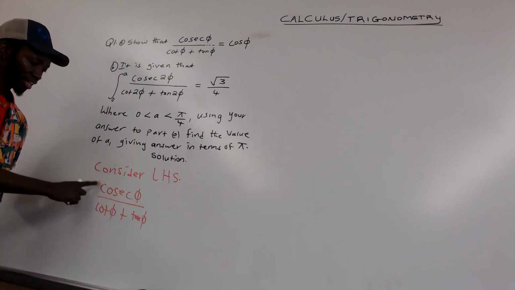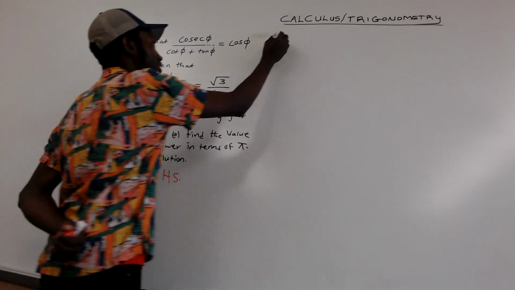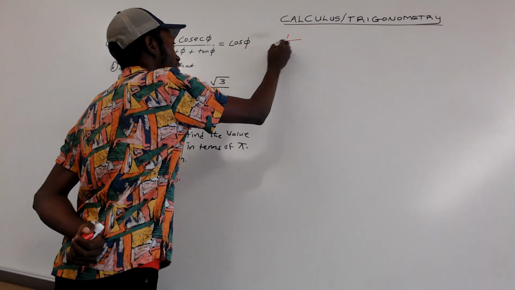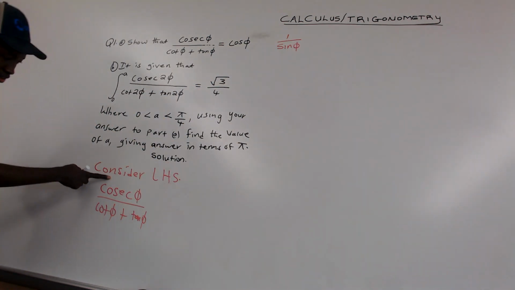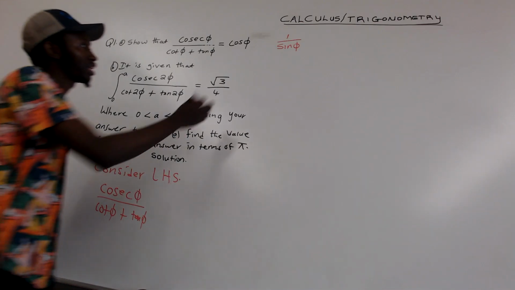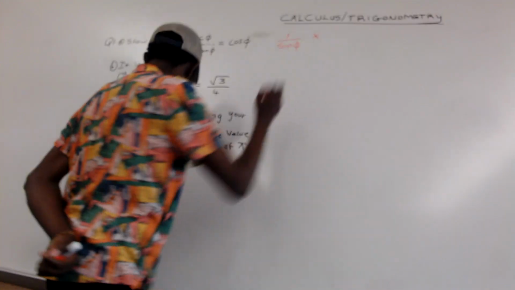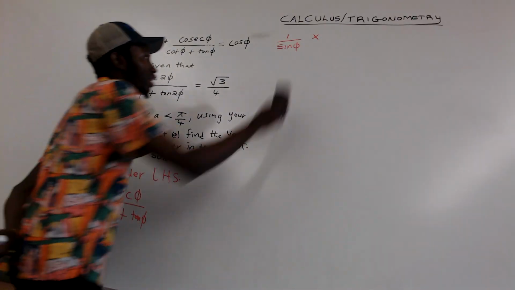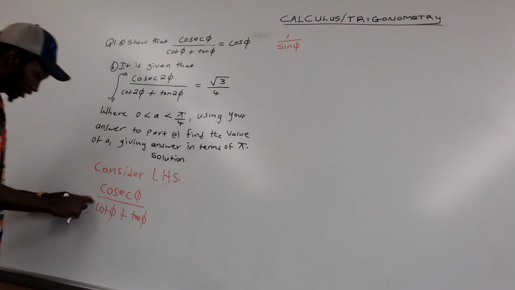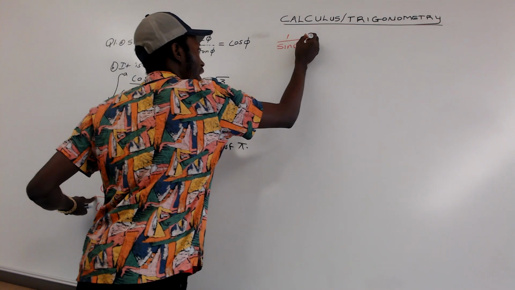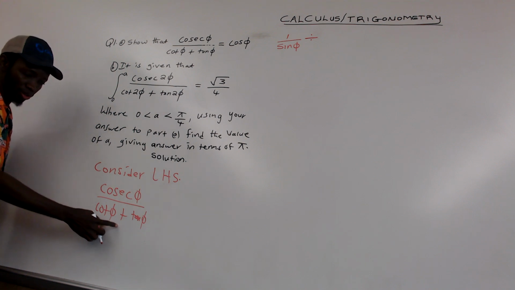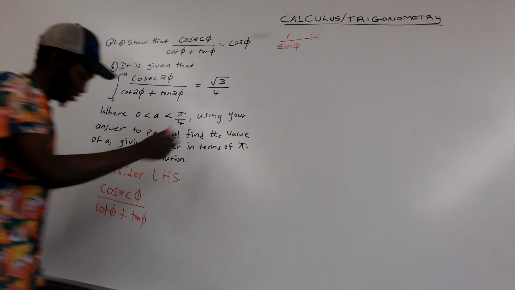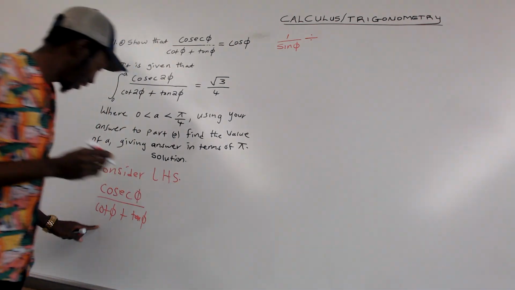So if we move forward, the identity for cosec phi is 1 all over sin phi. This is the top; we consider the numerator at the top. Then we have this division sign, divided by, and we consider again the denominator, which is cot phi plus tan phi.